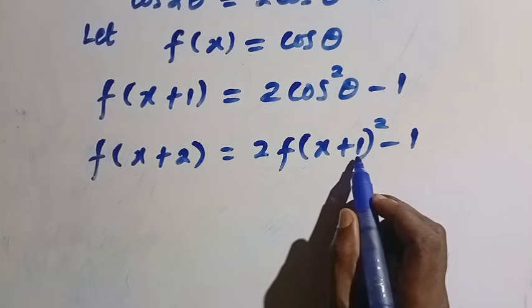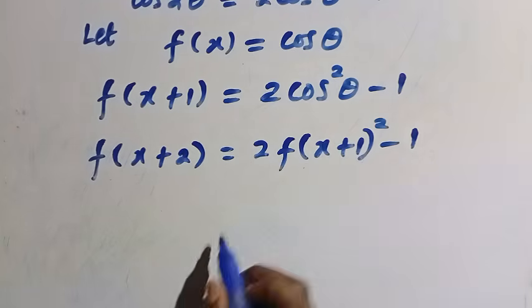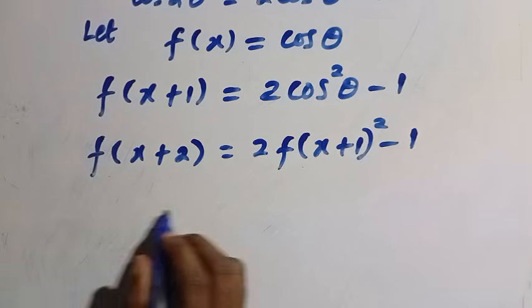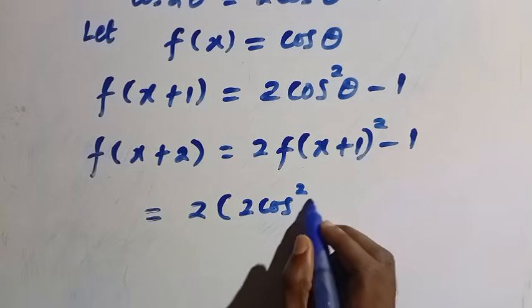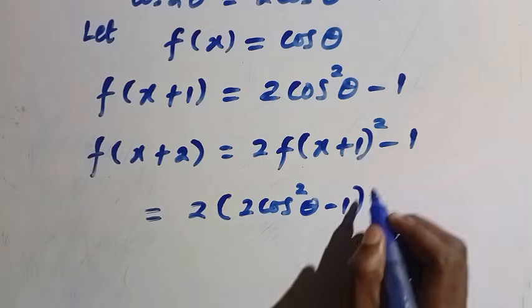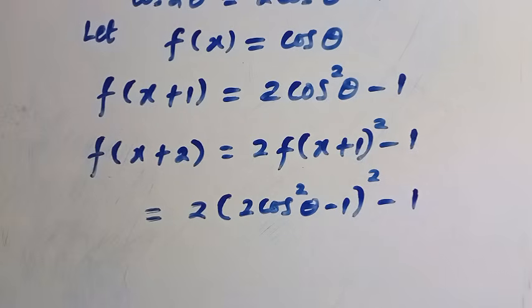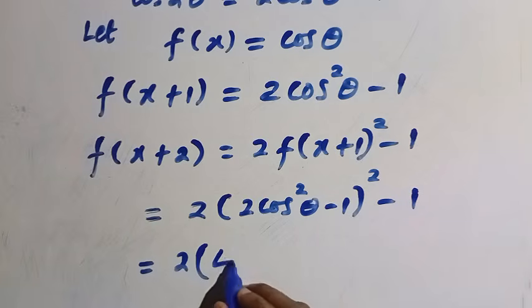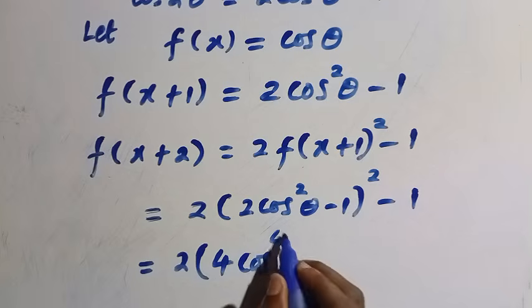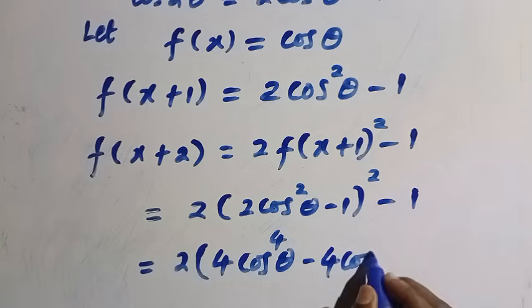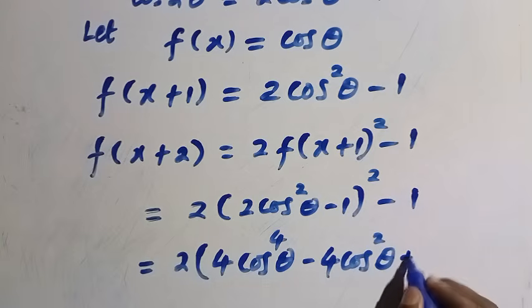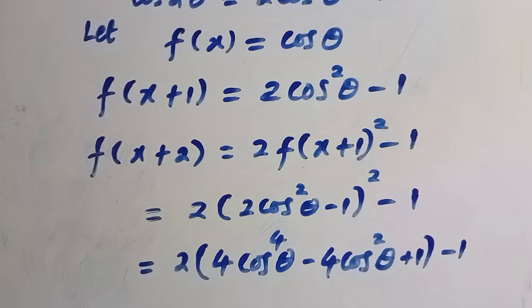But f(x+1) is given as 2cos²θ - 1, so if I replace it, we have 2(2cos²θ - 1)² - 1. If I expand this out, we have 2(4cos⁴θ - 4cos²θ + 1) - 1.